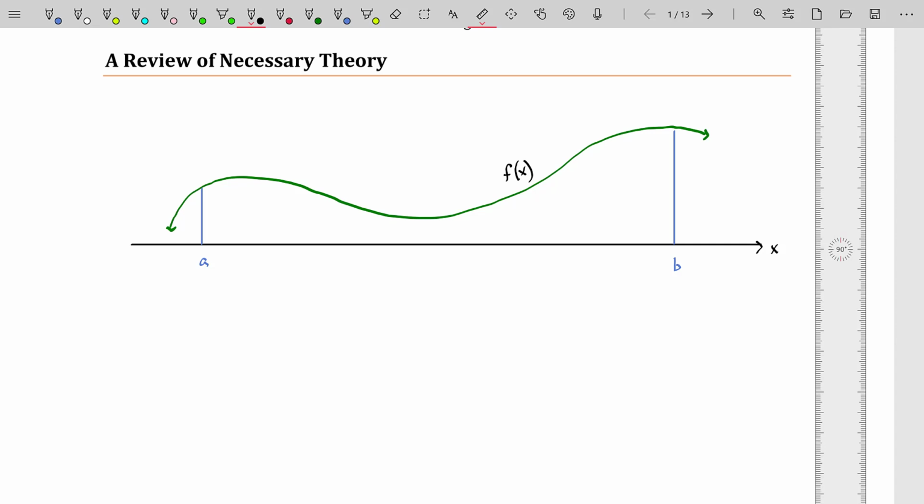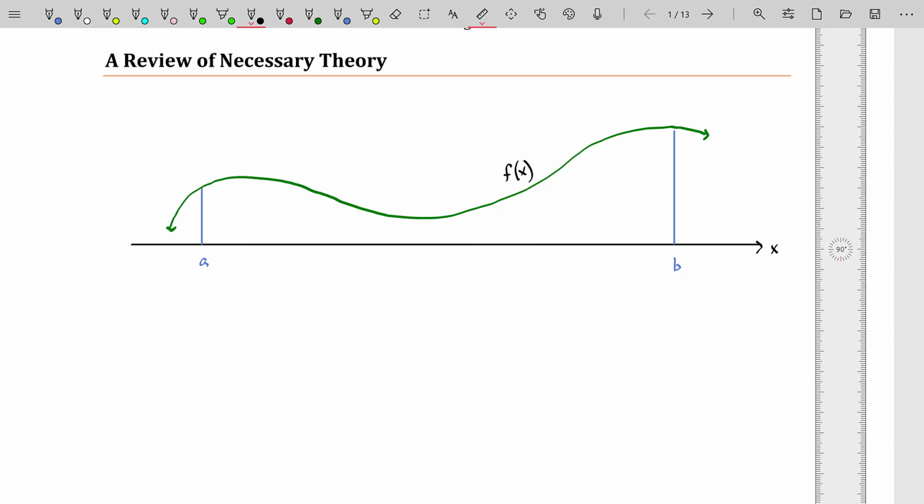By the way, if the function dipped below the x-axis, we'd still say we need the signed area between the function and the x-axis. So you'd want to know what this area is, what this area is, and then what this negative area is. In reality, the sum of those three areas would actually be negative because you have more of an area below the x-axis. That's just a heads up there.